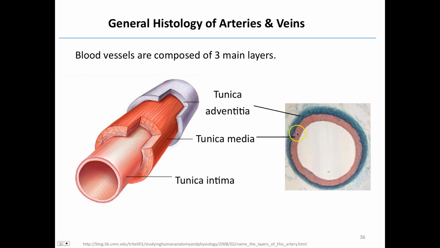This is a schematic, a transverse section through a vessel. Then the most external layer is the tunica adventitia, the outer lining connective tissue that contains collagen and elastic fibers, as you can see. It is important to note, however, that there are some major differences in the thickness and composition of these layers at the various sites through the cardiovascular system.